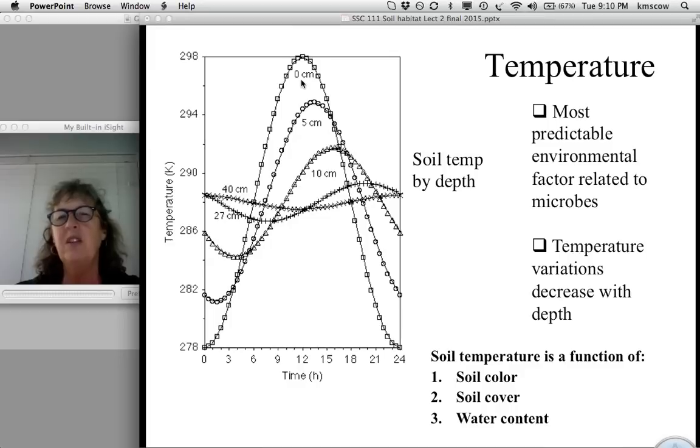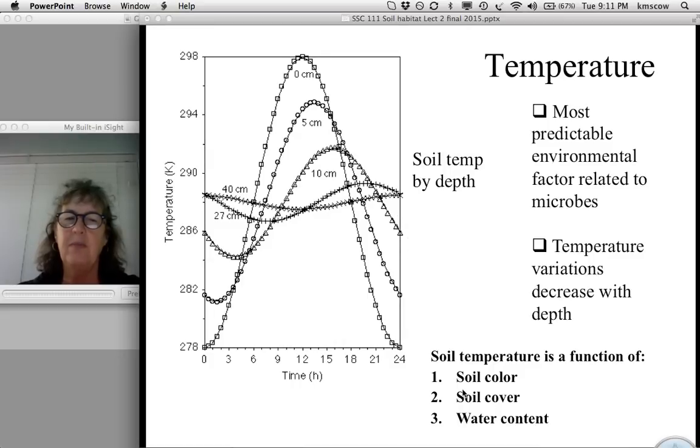So right there you can see that organisms at the surface are going to have to be much more adapted to these extremes in temperature, while those deeper in the soil have sort of a more predictable life they're leading in terms of temperature.